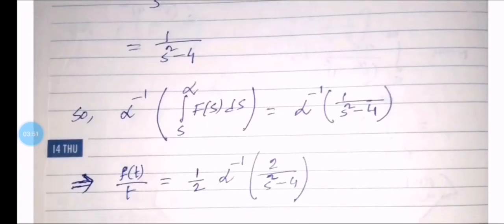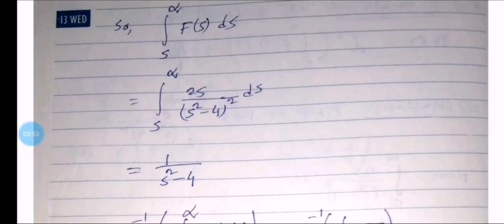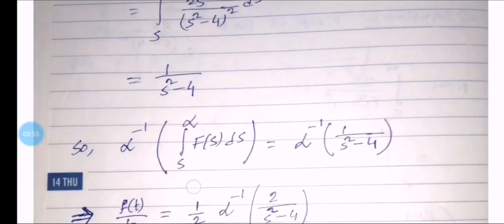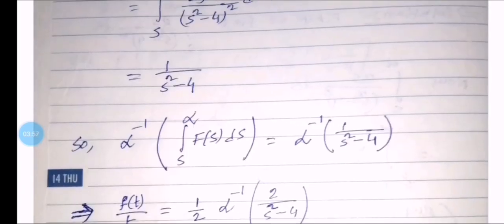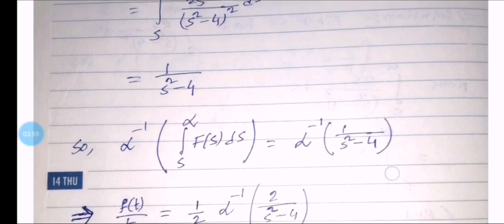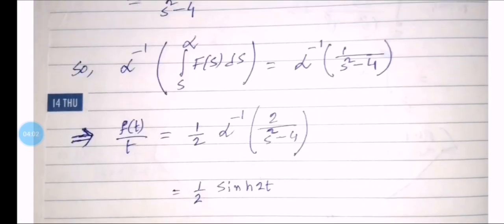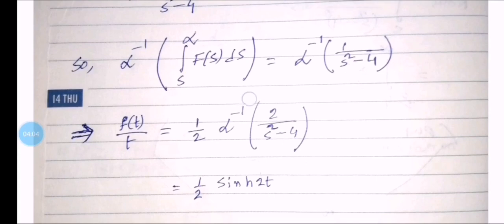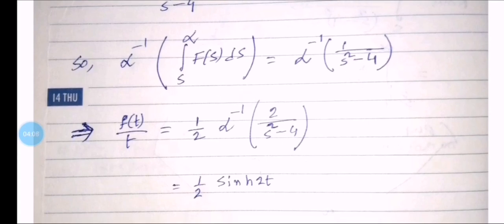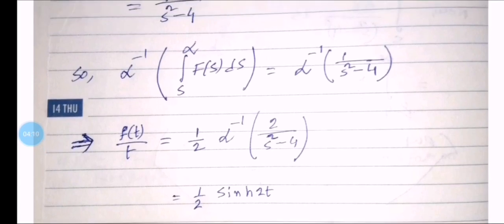So we will take the inverse Laplace transform on both sides. L inverse of integration s to infinity F s ds is L inverse of 1 by s square minus 4. The left side, by the formula which we stated previously, we can write as f t by t.